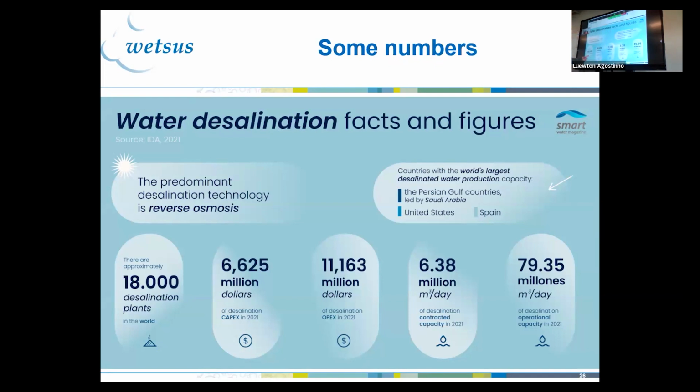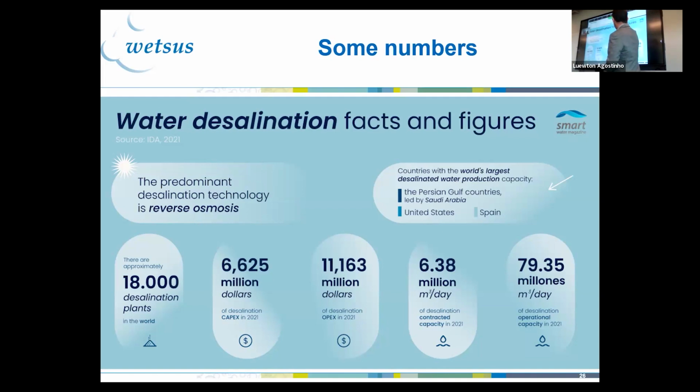So we have invested $6 million in construction, and we invested in 2021 around 11,000 millions in OPEX costs. So we have 6.3 million cubic meters per day produced of water, and we have 79 million cubic meters per day of operating capacity in 2021.